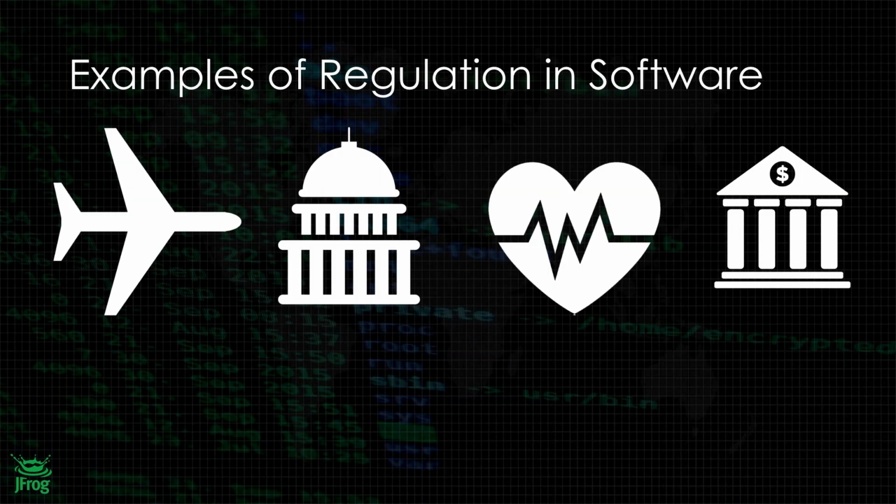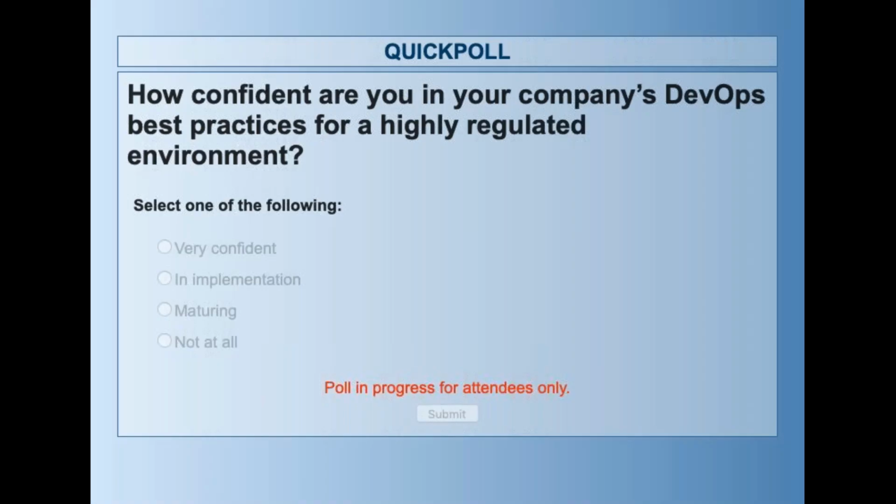So let's first talk about examples of regulation, but I do believe that they're going to do a quick poll in between here, if I'm correct. You are correct. So let's go ahead and throw out this third poll. Here it is. How confident are you in your company's DevOps best practices for a highly regulated environment?